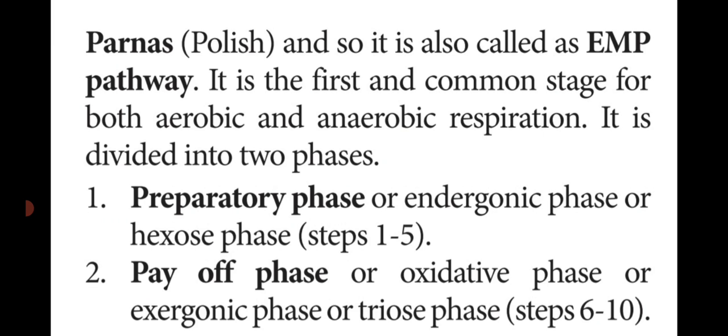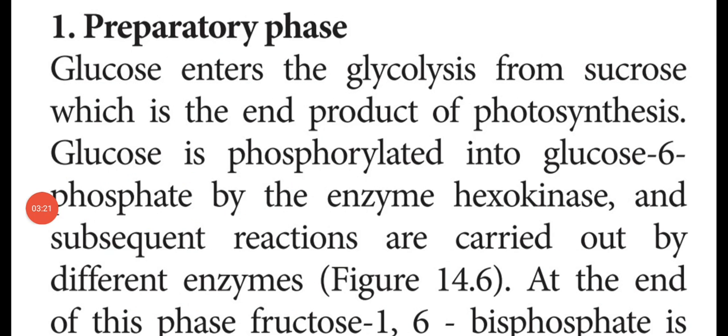Another one is the payoff phase or oxidative phase, in which the compounds are 3-carbon compounds. They are known as the triose phase, taking place from step 6 to 10. First we are going to see the preparatory phase or hexose phase.